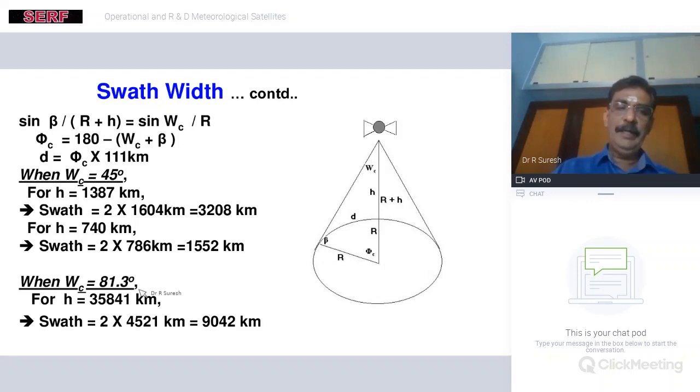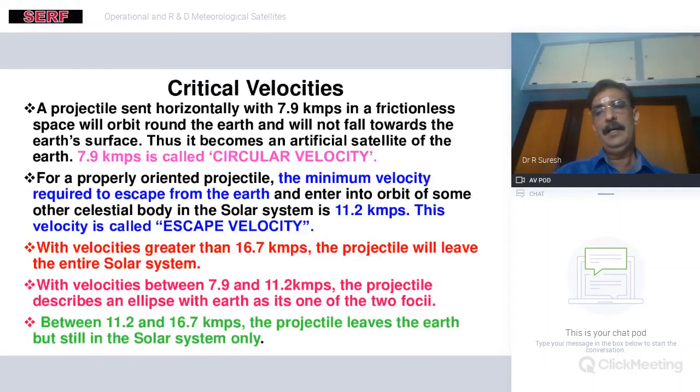For a viewing angle of 81.3 degrees, 3 degrees, and for a geostationary orbital height of 35841 km, the swath can be as high as 9,000 kilometers. So the geostationary satellites will be having a higher view, as we naturally expect, because it is at a higher altitude.